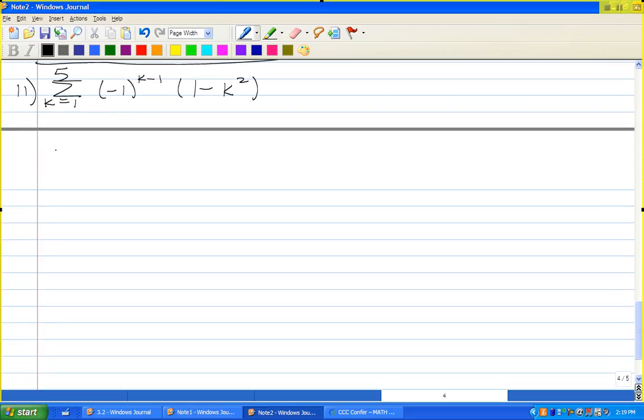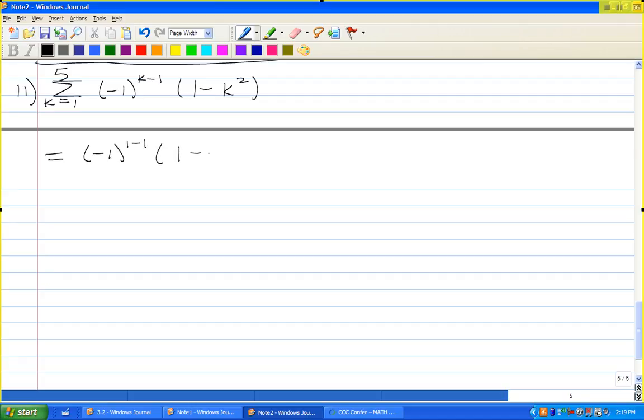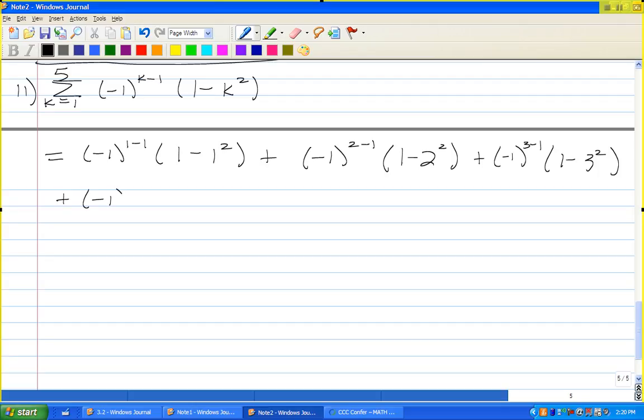So this is equal to, replace k by 1, by 2, by 3, by 4, by 5, and that is your sum.